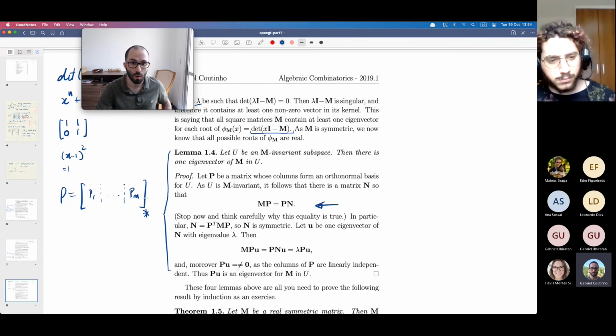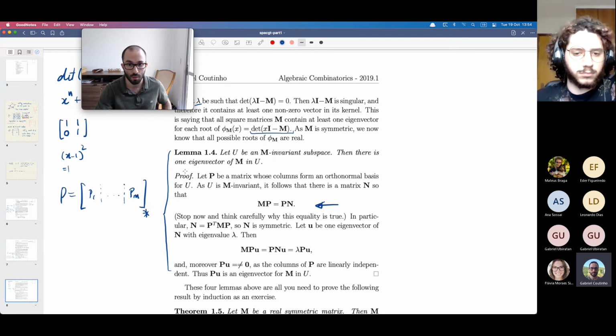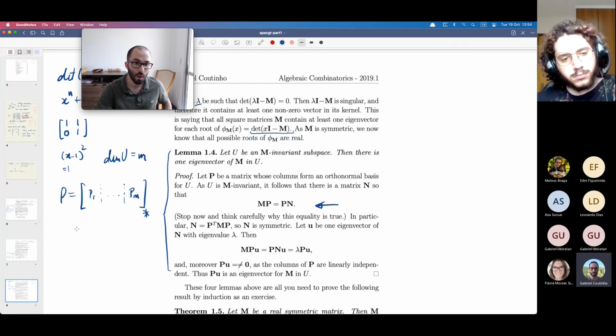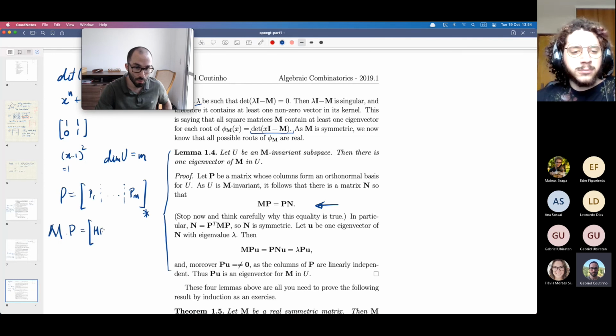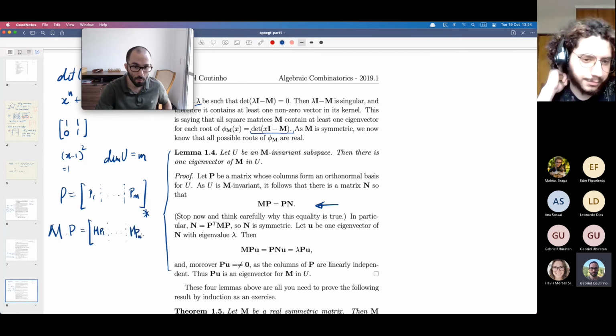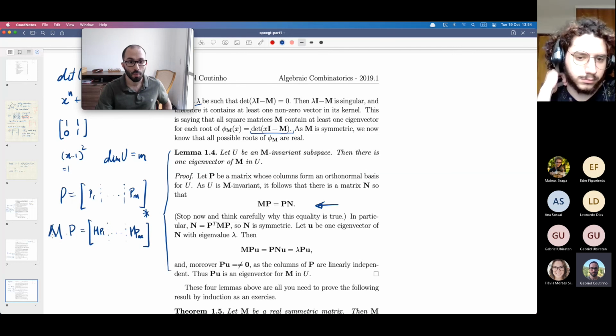These form an orthonormal basis for the subspace U. I'm assuming the dimension of U is equal to m. When I compute M times P, the result is M times P1 dot dot dot M times Pm. Multiplying a matrix by another is the same thing as multiplying each column of the matrix on the right by the matrix on the left.